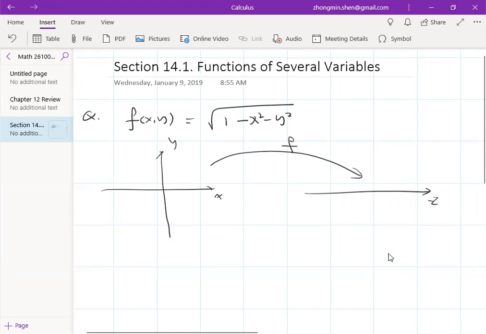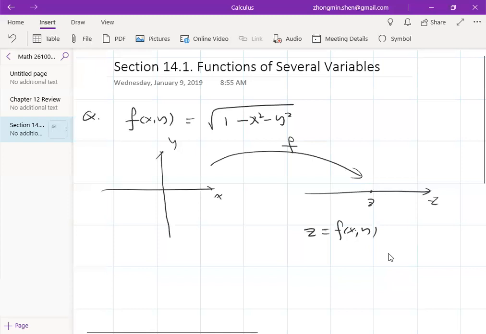If you give me a point in the xy plane with coordinates x and y, I can get a number on the z-axis. So z is determined by this formula. That's called a function. Roughly speaking, it's just a mapping.